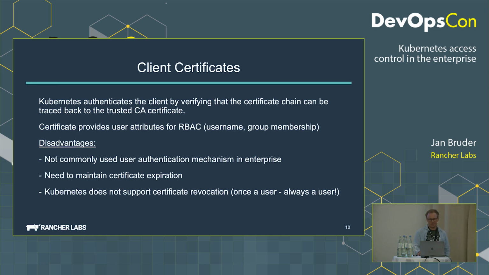And when a client presents a certificate that was signed or where the chain can be traced back to the root CA, it is authenticated by Kubernetes. With a certificate, you can actually also provide user attributes. So you have a username in the subject field, and then you can even include group membership information in the organizational unit field.